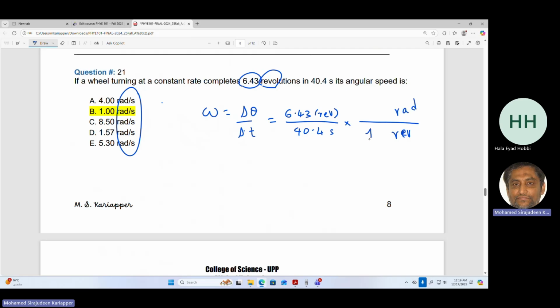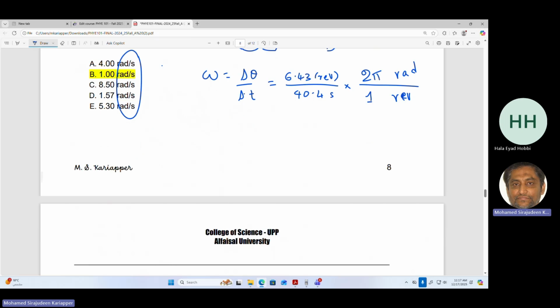You know, one revolution is 2 pi radians. That's it. Sometimes, instead of seconds, you might be given minutes. Then you have to convert the minutes to seconds. So you know how to do that. This is a slightly easier question. I will not bother to calculate it.